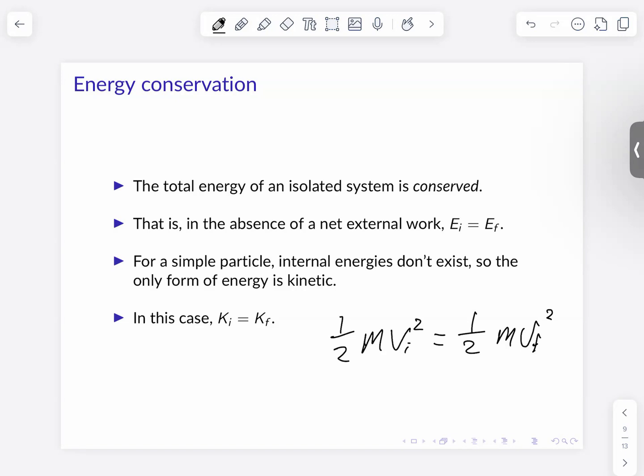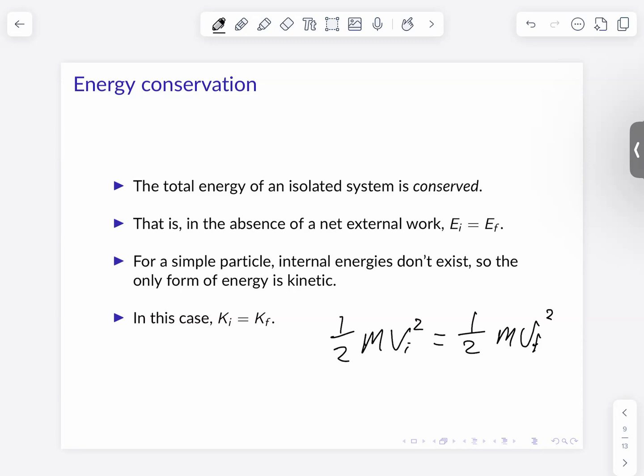Assume mass doesn't change. That's changing the system. So if you've got vi squared equals vf squared, cancel, cancel. Does that mean vi equals vf? Is there any way that the square of a number can equal the square of another number without the numbers equaling each other? Yes.